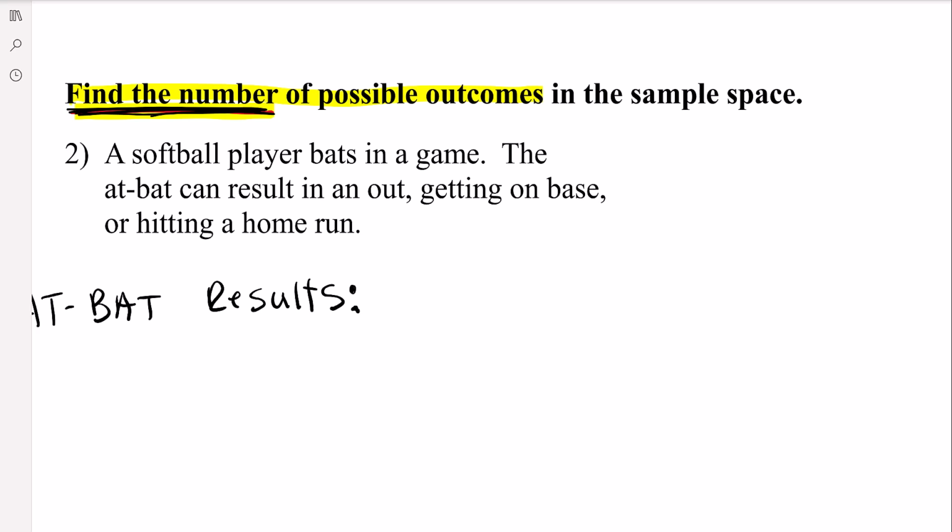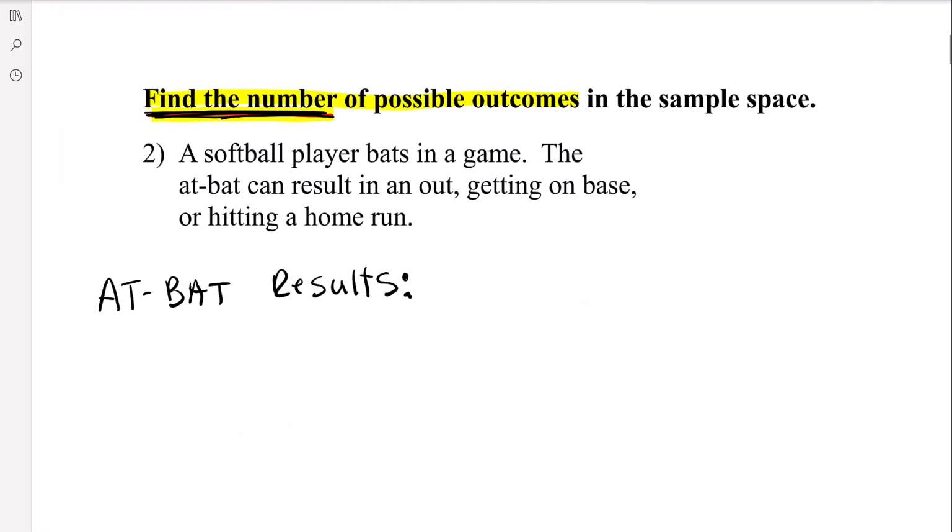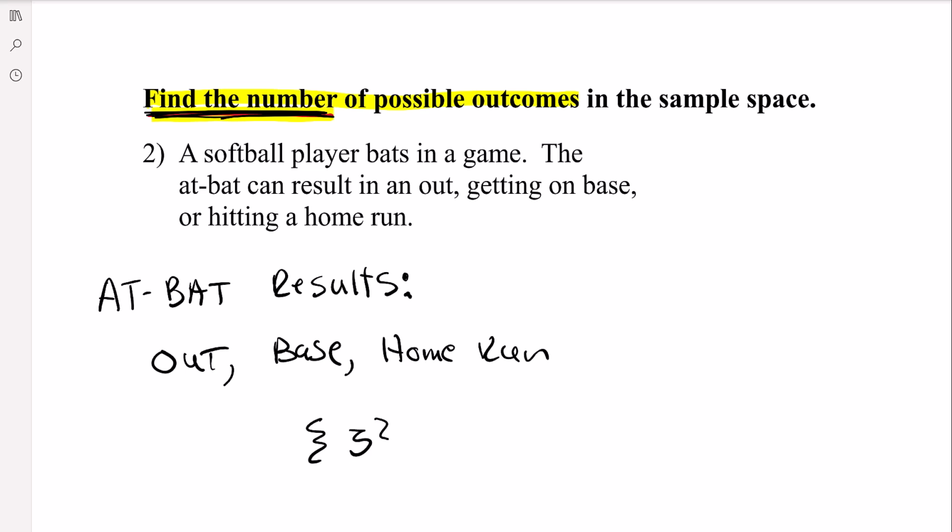If you get the kids to give you the list, you're either going to get out, make a base hit, or make a home run. There are 3 options in that sample space. So when they want the number of possible outcomes, this is what they're talking about. When they want you to build a sample space, that would be the sample space.